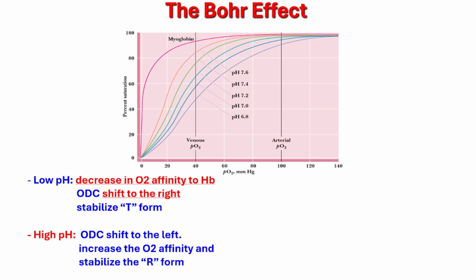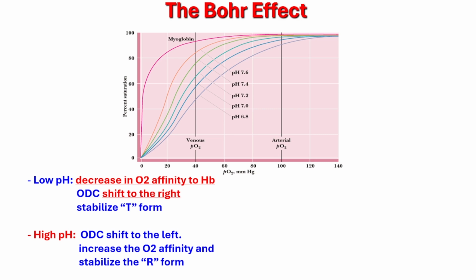Now in the opposite situation, I have high pH. So look here, when I increase the pH, 7, 7.2, 7.4, 7.6, which way does the shift go, right or left? It goes to the left. So 7.6, which is the highest one, has a shift to the left. So when I increase my pH, the affinity for the oxygen will increase.